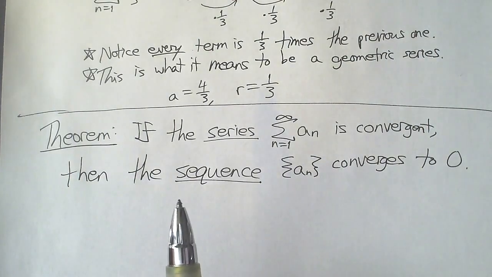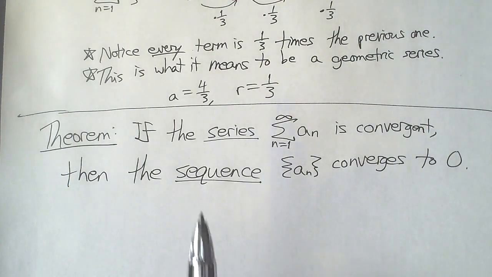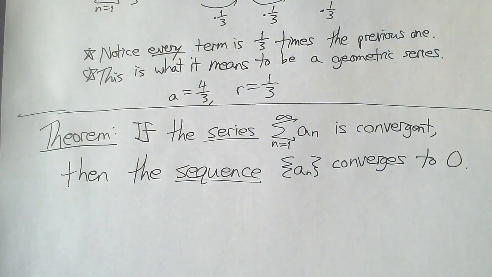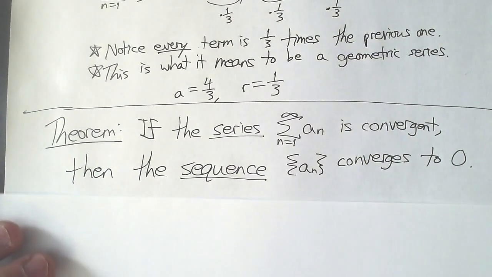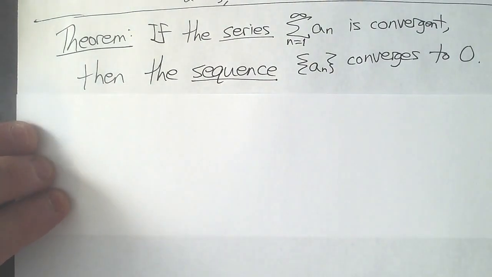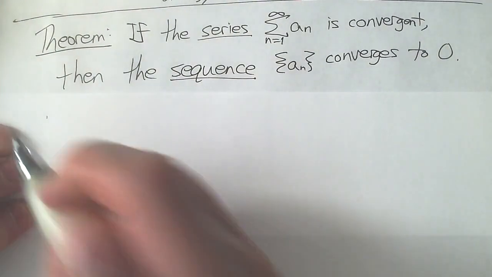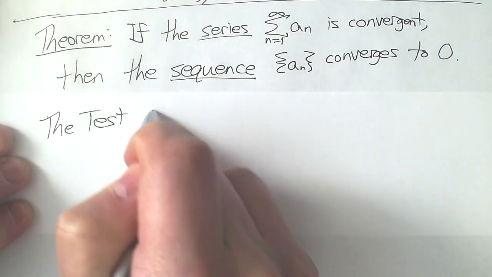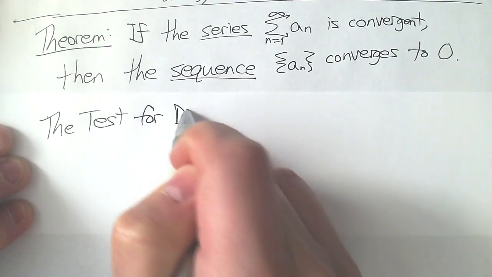Now, there is a big fact that we're about to say, and it's based on this theorem. It's a way of taking this theorem and rephrasing it into something even more useful. This has a name, and it is called the test for divergence.